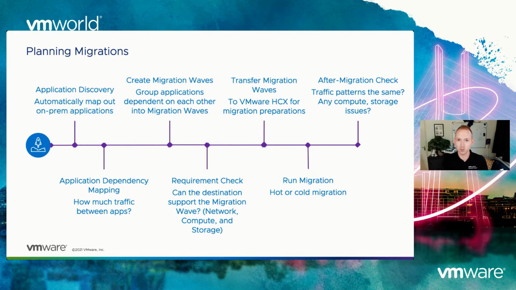So vRNI also logs the blocked traffic, and also making sure that you don't have any spikes, or if the disk I/O has been degraded, for example, in vRealize Operations compared to the destination compared to the source. So if you compare the timestamp from before migration and after migration, you can tell what the disk latency was before and what was it after. So you know that your performance is still okay, or maybe even improved.